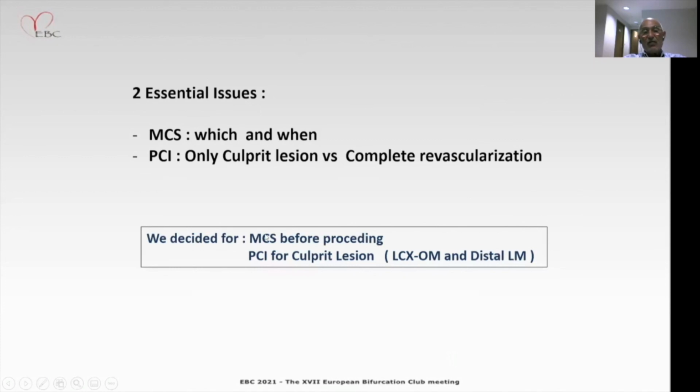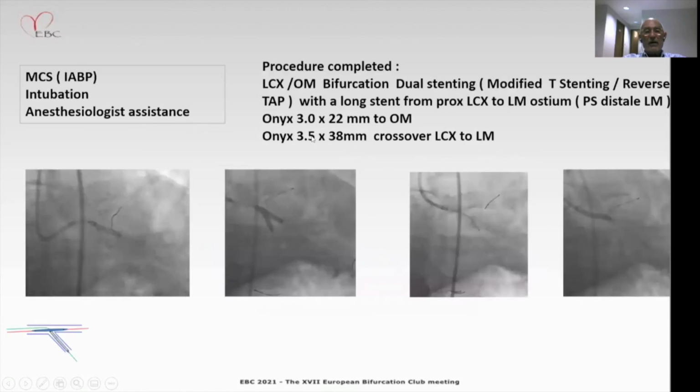We decided for mechanical support before proceeding, and angioplasty only to the culprit lesion, meaning left circumflex, marginal, and distal left main. So an intra-aortic balloon was implanted, and the patient was intubated with anesthesiologist assistance. Then we proceeded to complete the procedure.